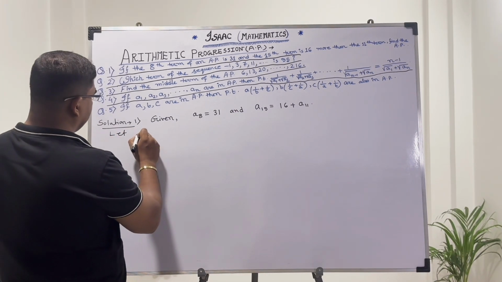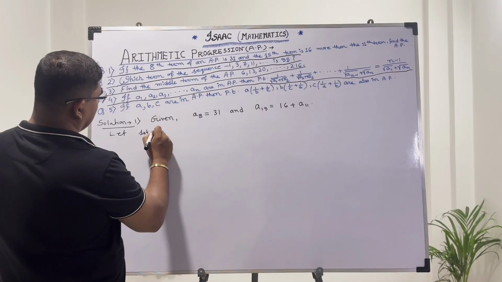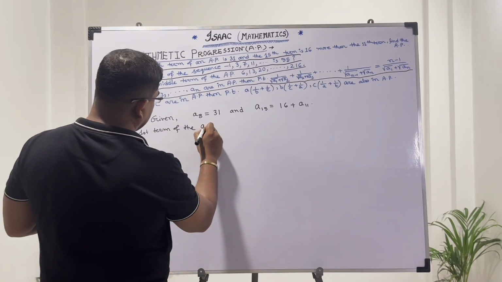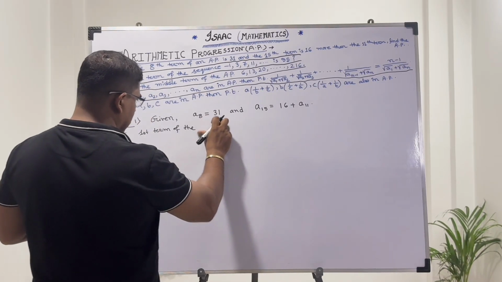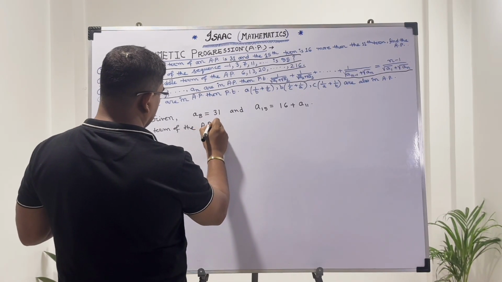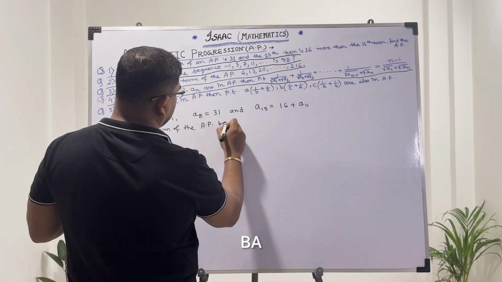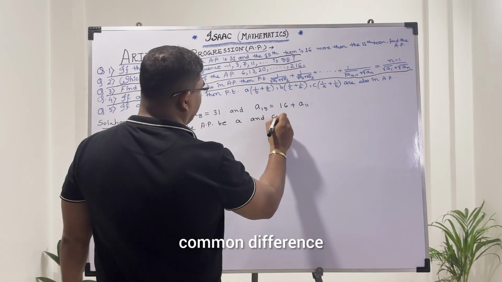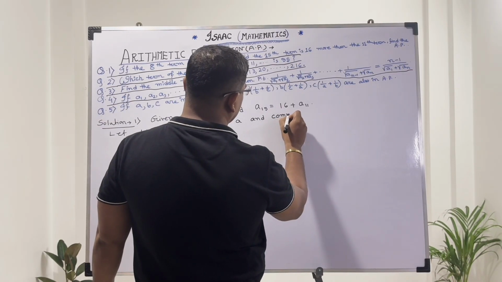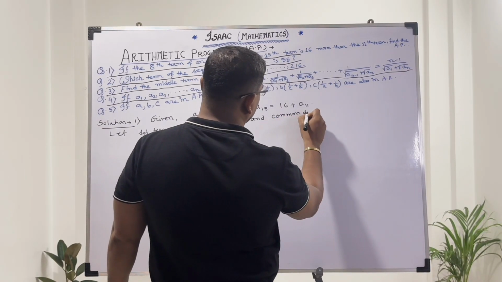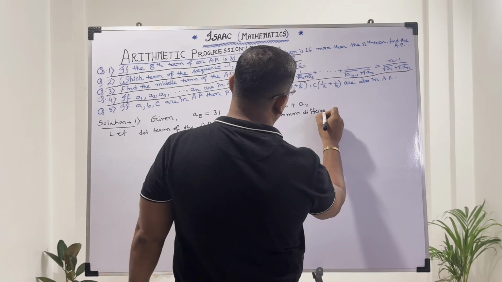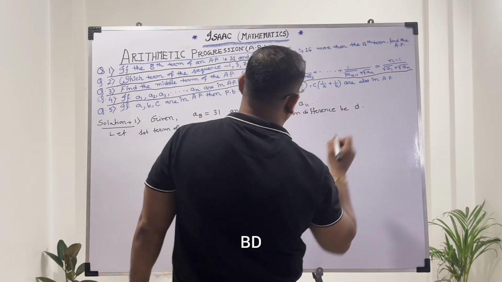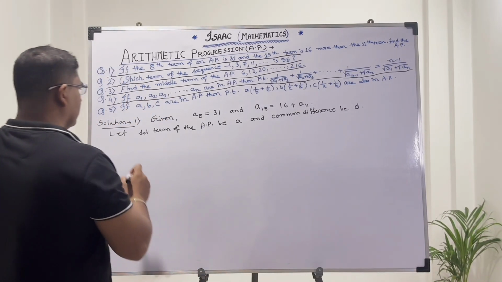Let the first term of the AP be A and the common difference be D.